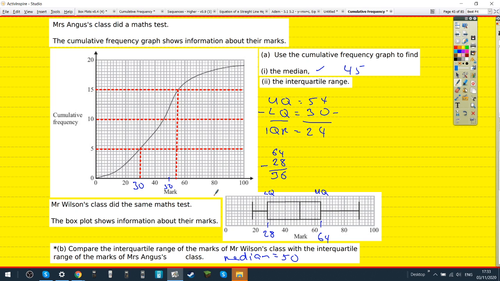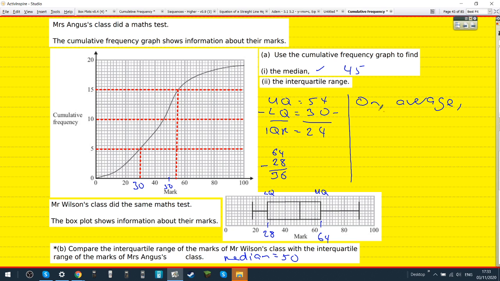And then you have to compare it. No, just compare. Which class did better? Mr. Wilson's class did better. So on average, Mr. Wilson's class scored higher.